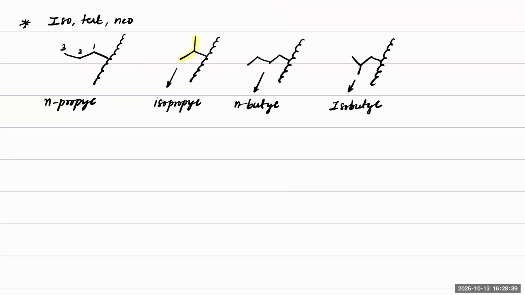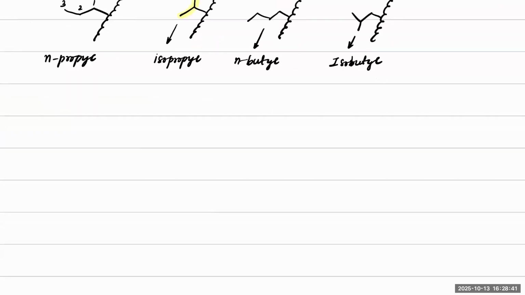In short, if you have groups like this, this is isobutane. This is the group. And if you have it like this, this is isopentane.